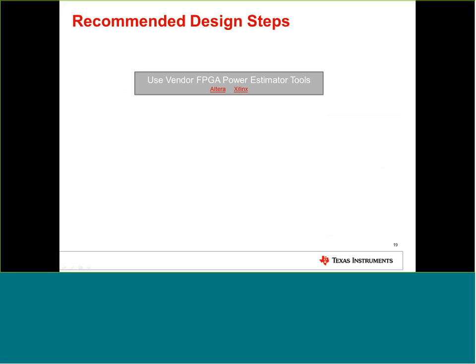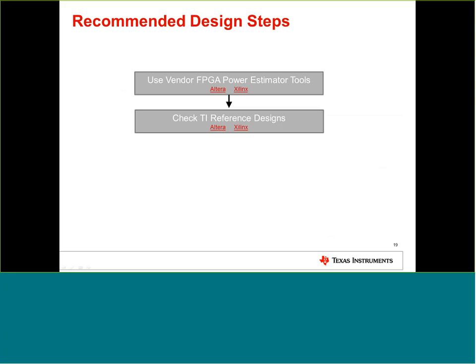Before we go to the example calculation, here again are the recommended steps from TI. If you're starting with your first FPGA design, you can always first go to the vendor and check what the current requirements are and which rails you have. A second good option is to check the TI reference designs.